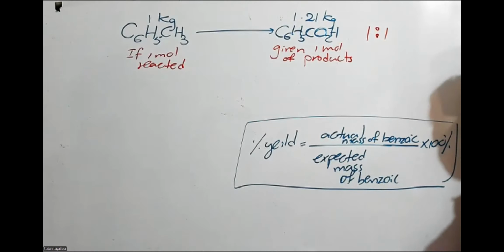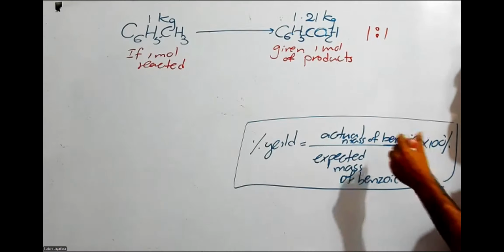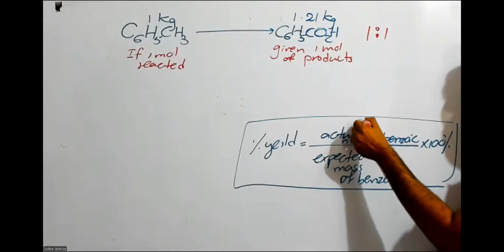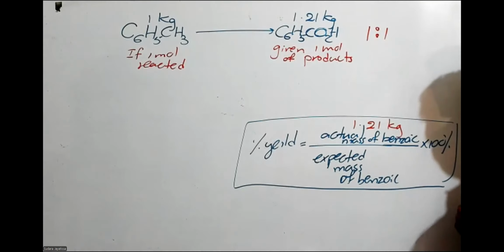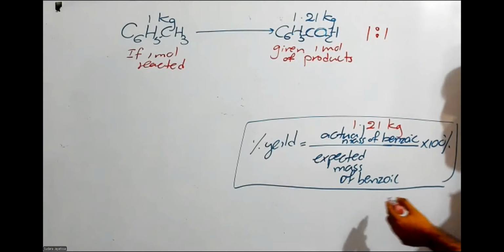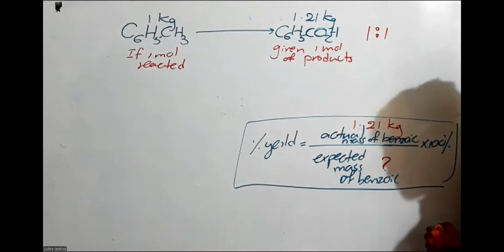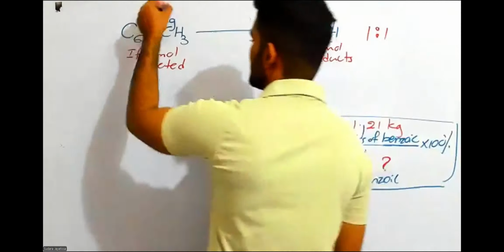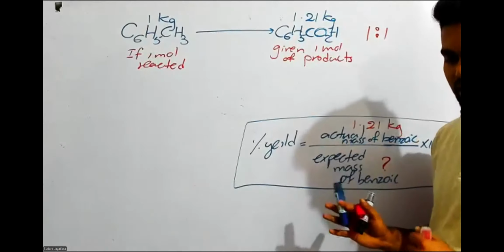What we know here is the actual mass of benzoic acid, which is 1.21 kilograms. What you need to find is the expected mass. Since you are reacting 1 kilogram, don't say 1 kilogram is the expected mass, it's wrong.